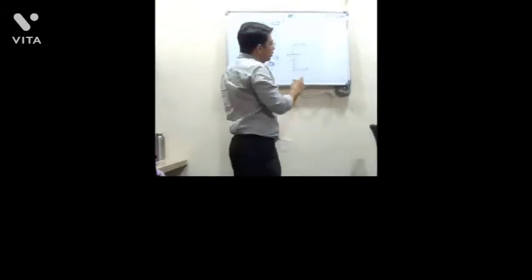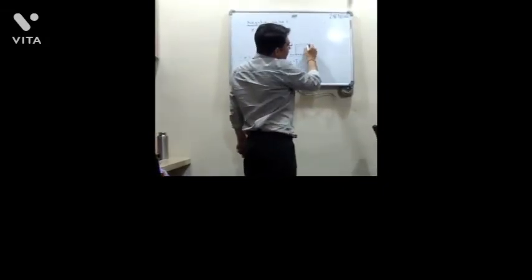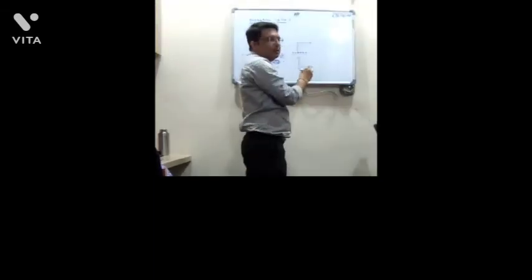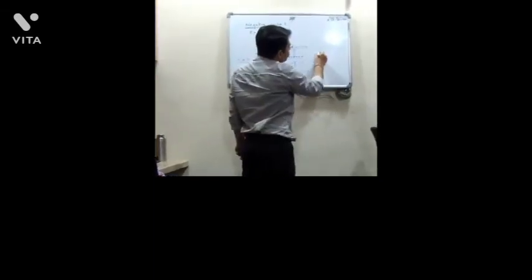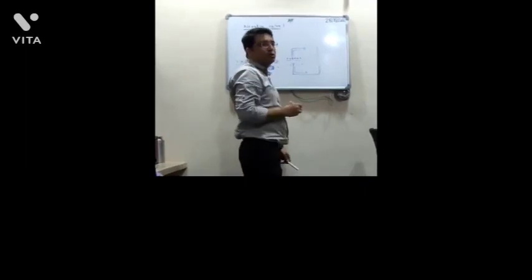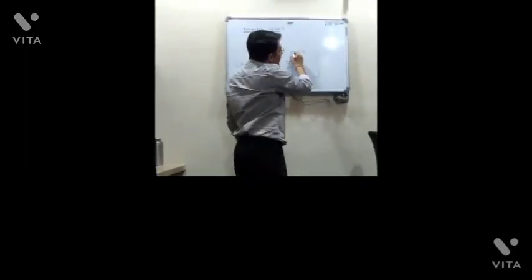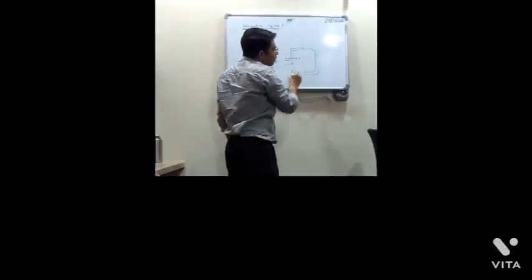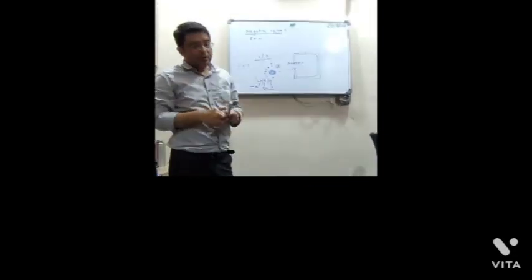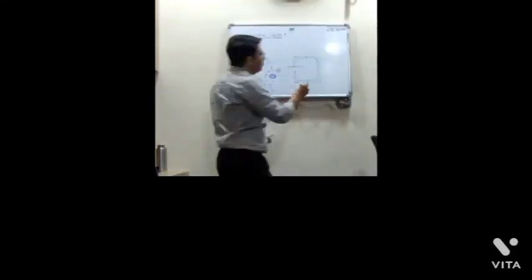So in order to pass the current, you should form a closed path. Then and only then will the current form a path. What is current? Current is a flow of electron.